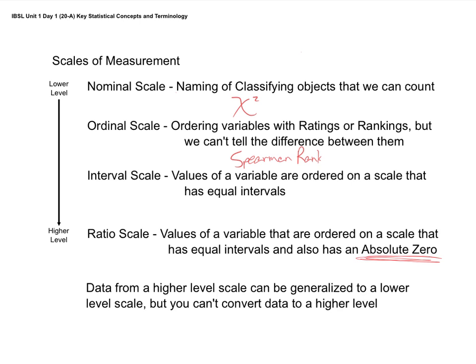When you're talking about a scale that has an absolute zero, then you are able to make those comparisons. For example, if we've got two hunters, back in the spring or summer they had the python hunters out in the Everglades.